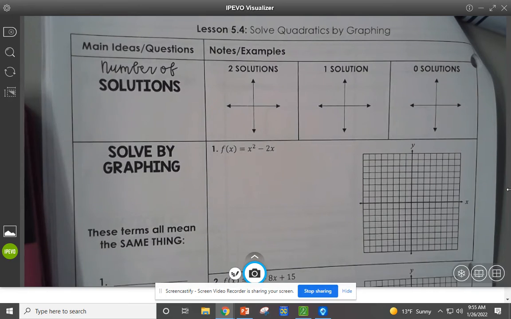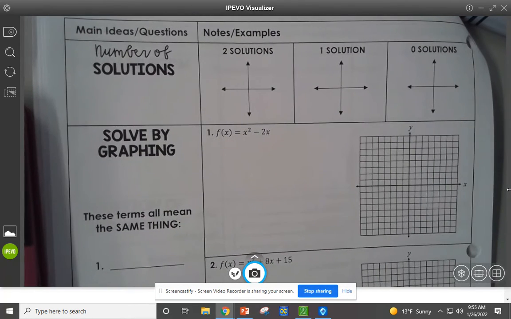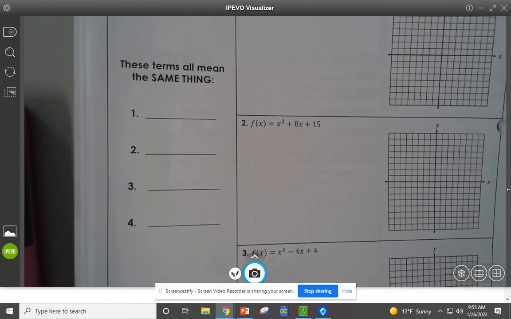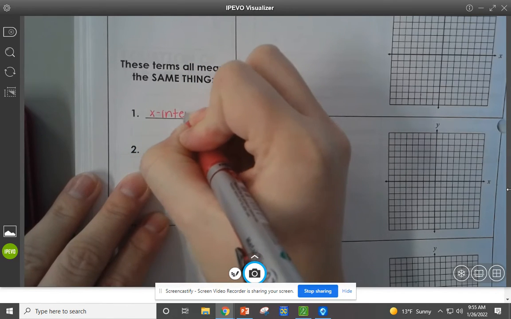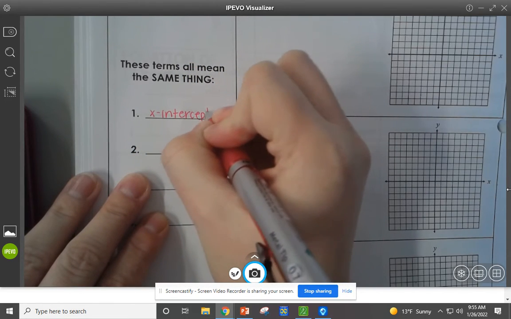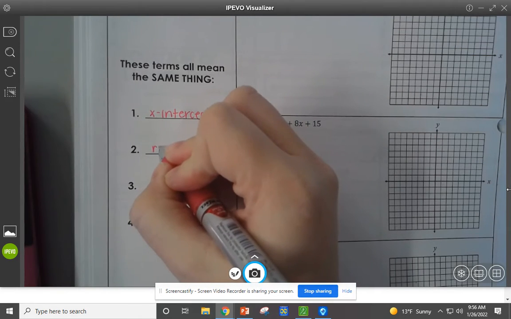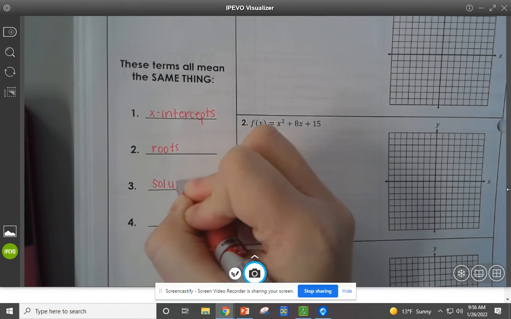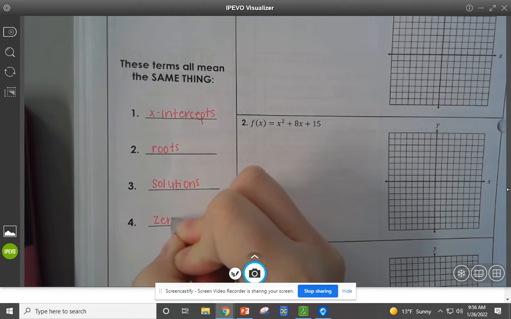I told you in the first lesson that there are 4 words that all mean the same thing. So we're going to jot those 4 words down here: x-intercepts, roots, solutions, and zeros.